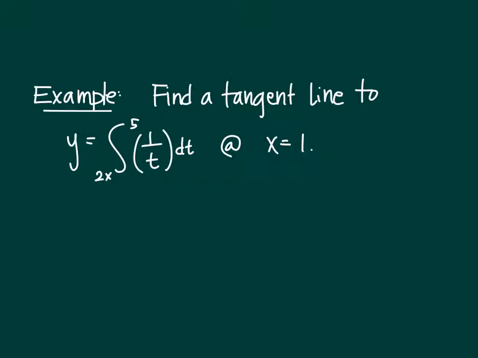What two things do you always need to write a tangent line? You need the slope and a given point. You need a slope and a point.